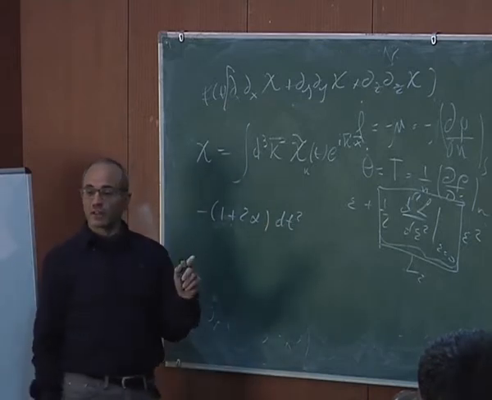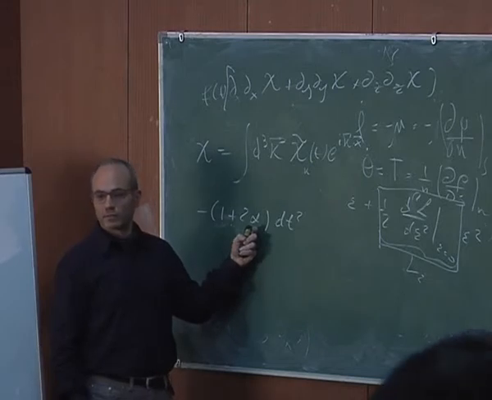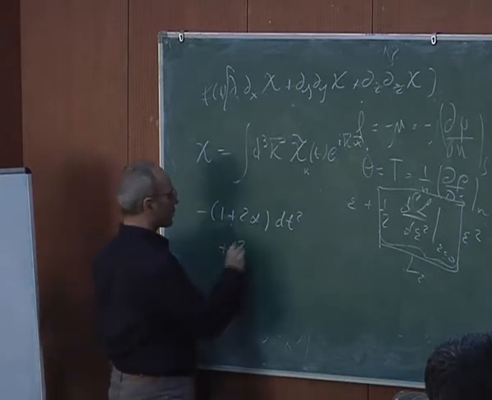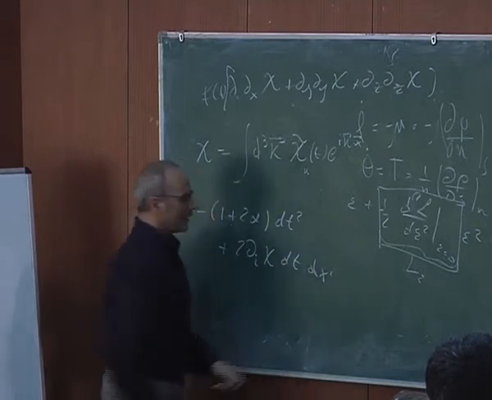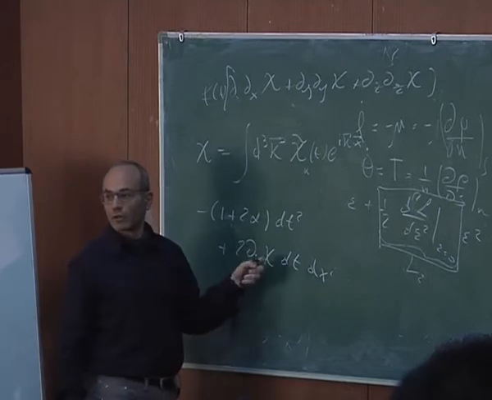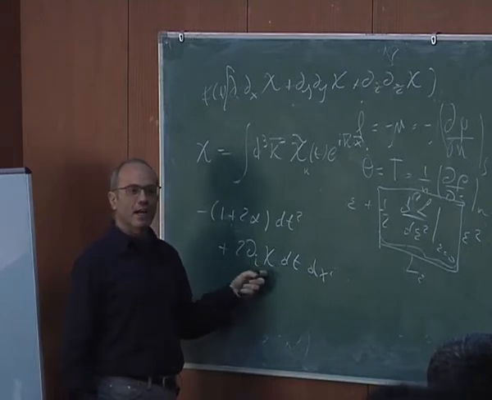I want the metric to be also parity even, so alpha must also have cosine. If I put sine, the perturbation delta g will be parity odd. When I have plus 2 di chi dt dxi, now this is parity odd, so this must be also parity odd if I want the whole thing to be parity even. So chi must be cosine, because when I do di, I will get sine.